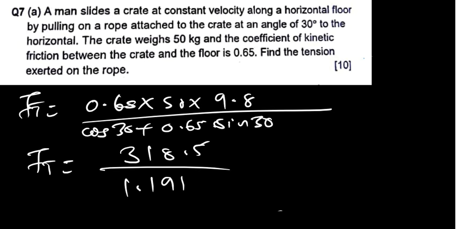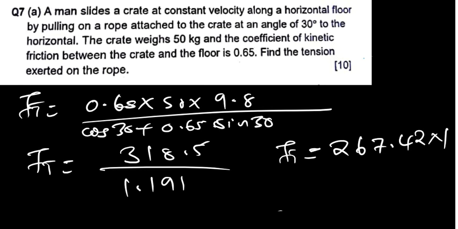So if I divide here, my tension force is going to be 318.5 divided by 1.191, which gives me 267.42 newtons. So that is going to be my tension force in this case. Okay, so that is it for this question.